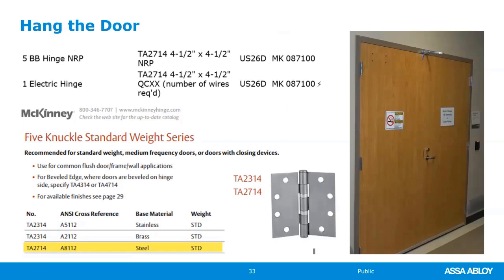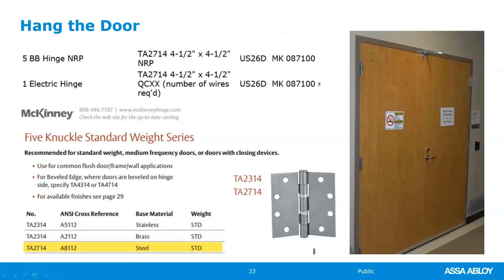This is a standard 6-foot wide pair of doors, so we don't need heavyweight hinges. It is a more secure closet, and because of the access control, the doors swing out. We are using the NRP for these. You could use NRP on any outswinging storeroom type door, but because this one has access control with the card reader on the wall, the hinge that's in the center has the through wires, and you notice that we say QC XX.